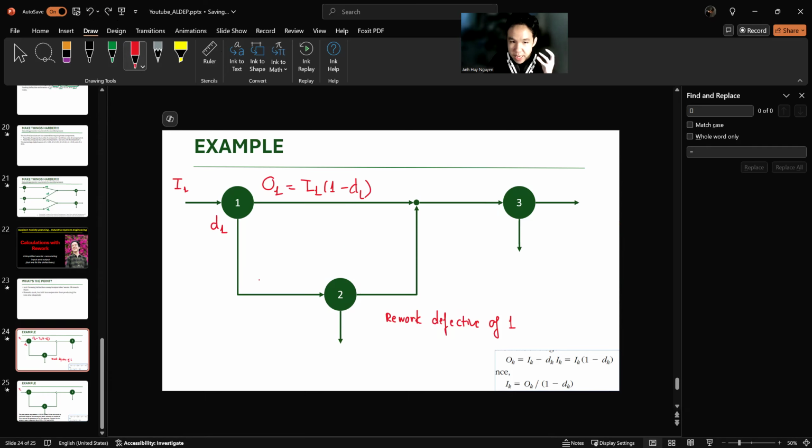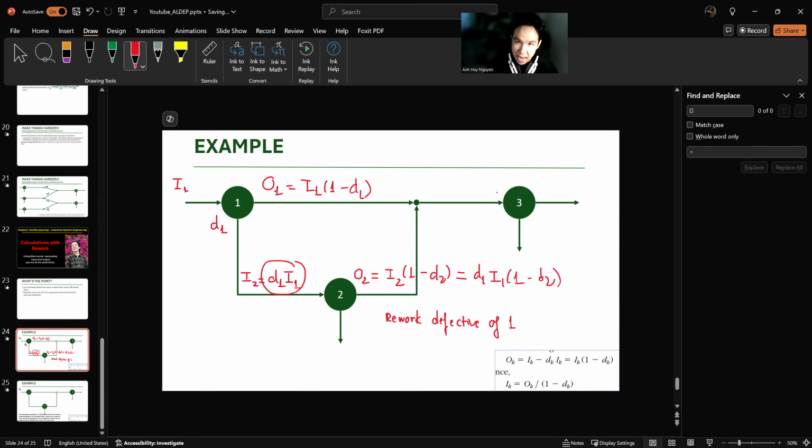Okay. So the input of this I2 station is D1 multiplied by I1, because this is the defective part of this process, right? So the output O2 here will be this, which is equal to D1 I1 multiplied by this.